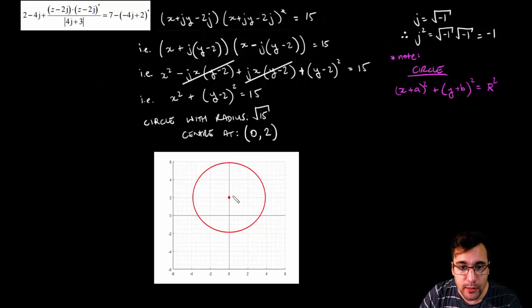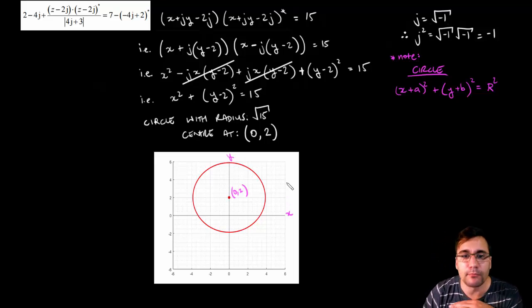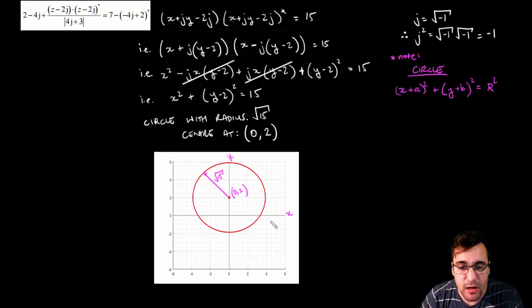Here's the center point just there, so that's 0, 2, as you can see, and where this is the x and this is the y. The radius here is root 15, and that's the kind of plot that you should get at the end.